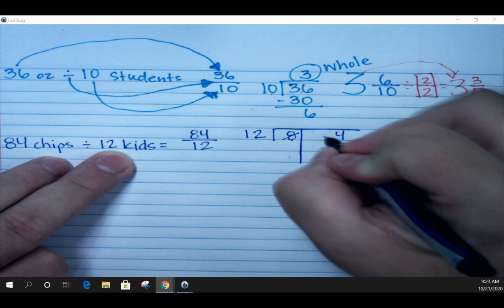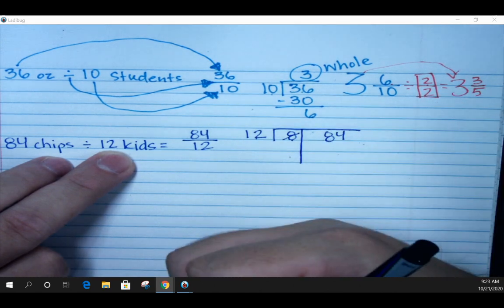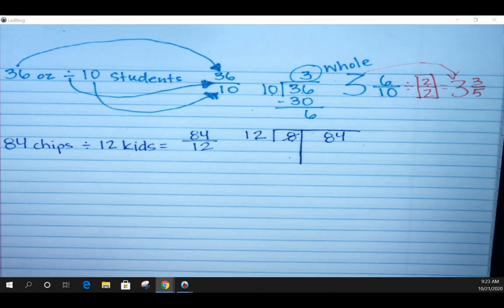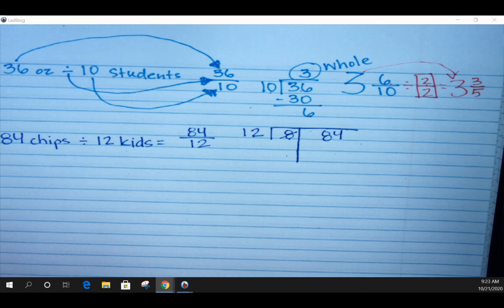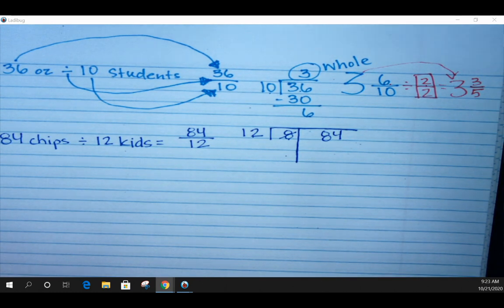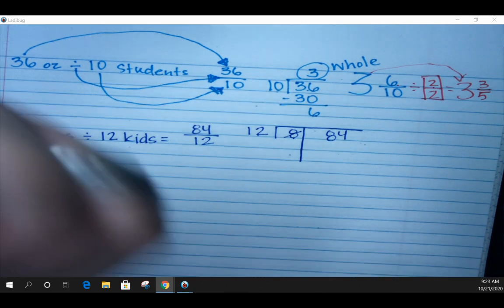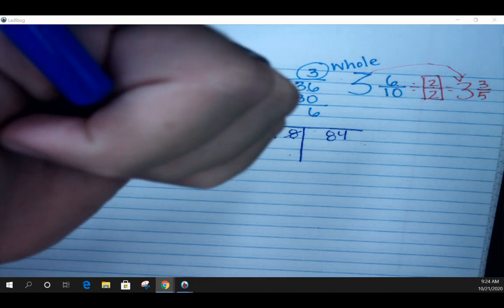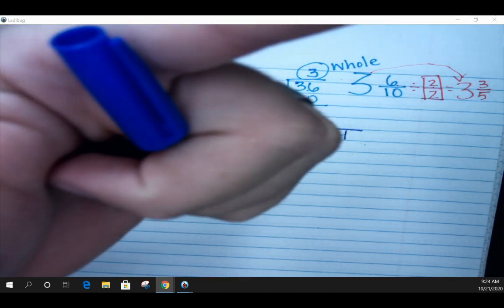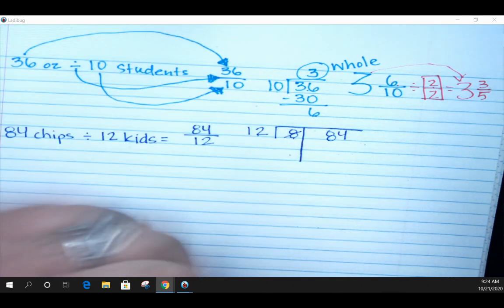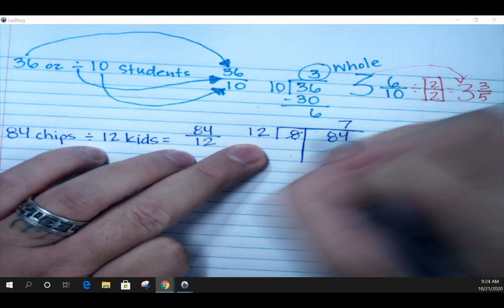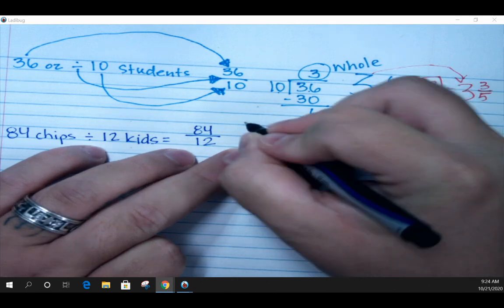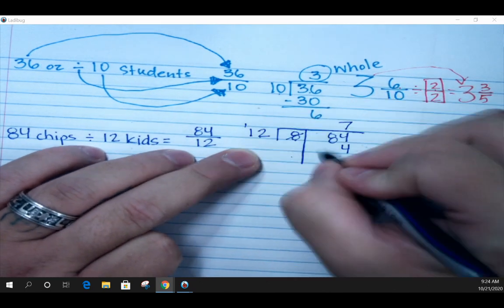No. Will 12 go into 84? 12, 24, 36, 48, 60, 72, 7. 7 times 2 is 14. 7 times 1 is 7 plus 1 is 8.